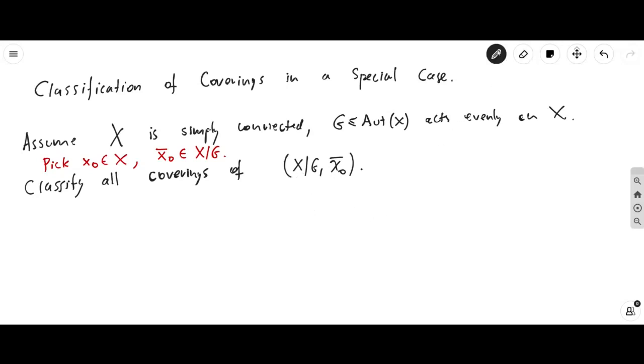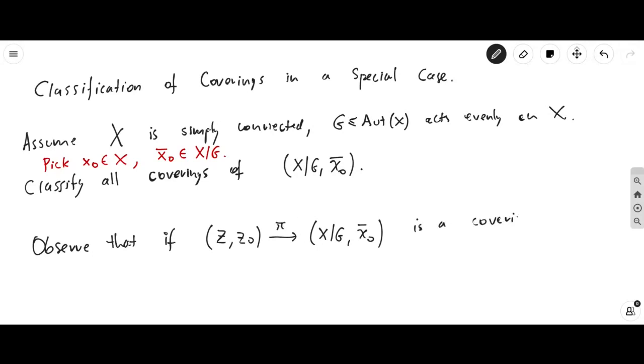So we're going to classify all coverings. And here is what you should notice, that if some new space, let's call it Z, Z0, over X mod G, is a covering, then the fundamental group of the covering is a subgroup of the fundamental group of the base, as we've said before.